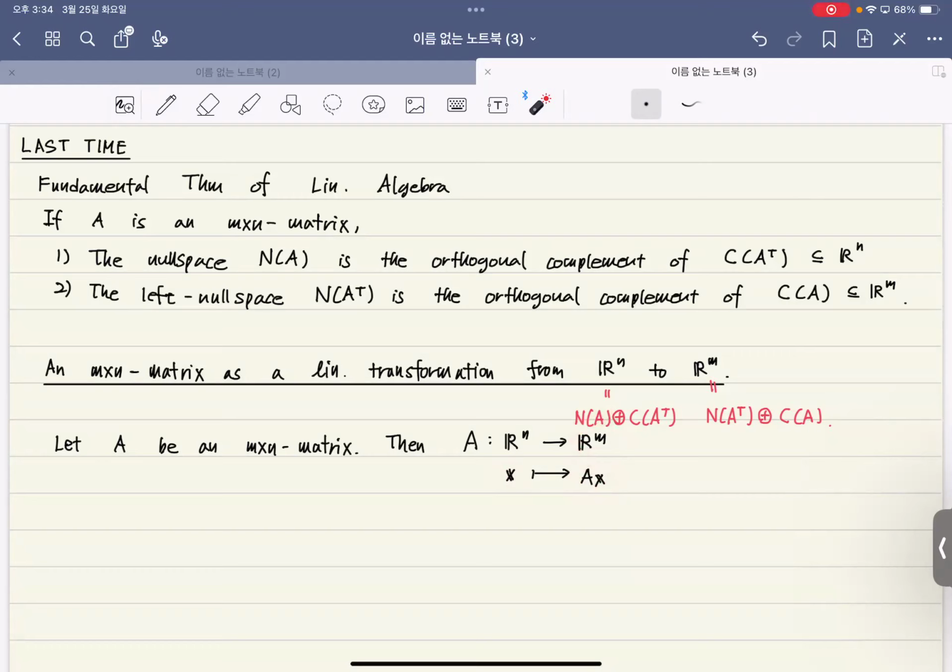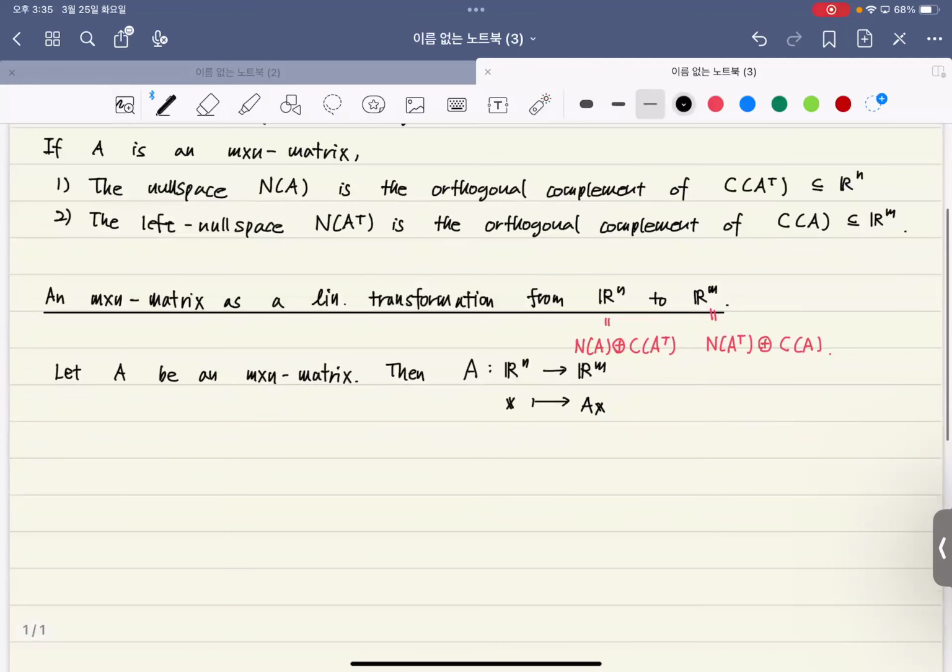Now, why does this have something to do with these two decompositions? Here, I say this space was decomposed into the null space and the row space, and this one has been decomposed into the left null space and the column space. And this decomposition is very important. If you try to understand the behavior of this map A, just choose any vector x from your domain.